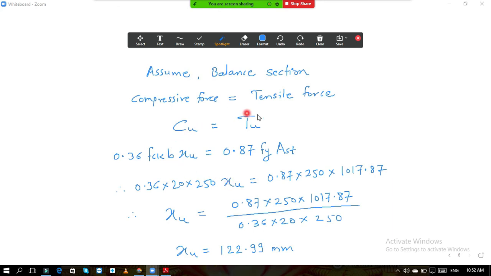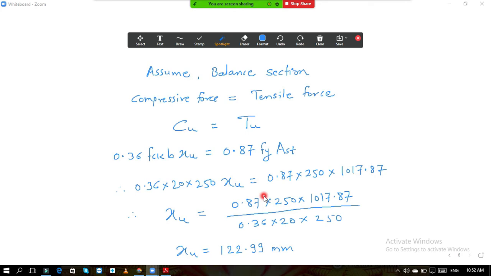From the MCQ point of view also this step is very important. In the MCQ they can ask you to find the depth of the neutral axis for the given section, having the width so and so, effective depth so and so, and provided with 4 bars of 16 mm, 18 mm, and so on. Within 2 lines they will give you the description in the question, and they will give you the options, and you need to solve it this way.